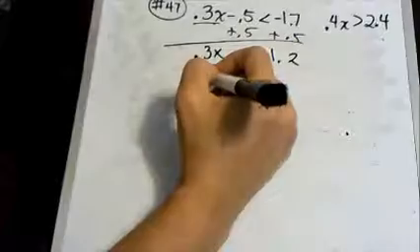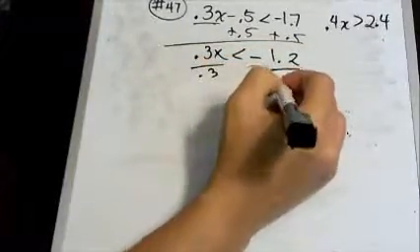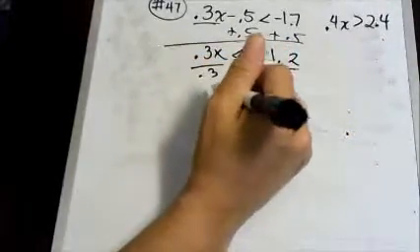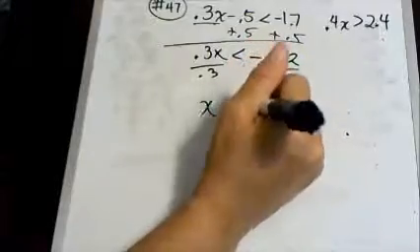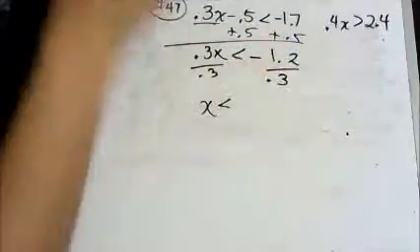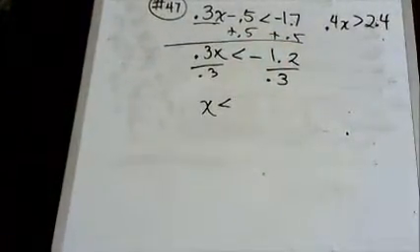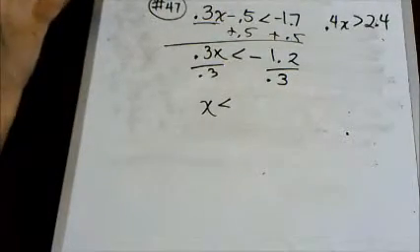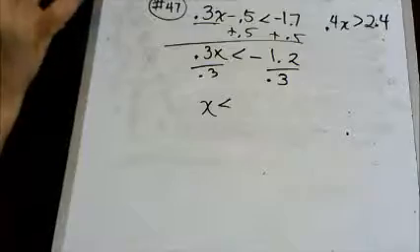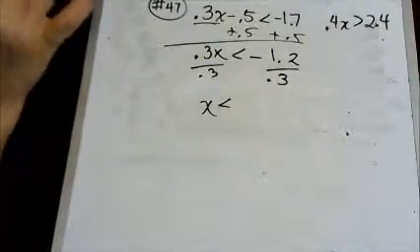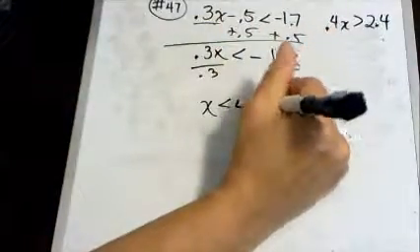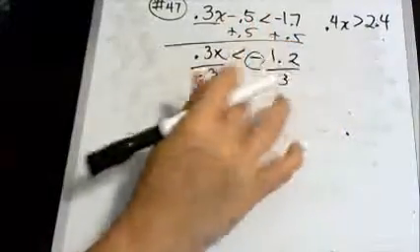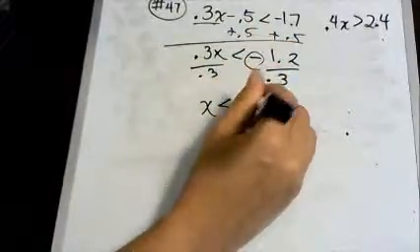Now let's divide this by 0.3, divide this by 0.3, and we have x is less than, then what is 1.2 divided by 0.3? You can put it in your calculator if you're not comfortable calculating this. But 1.2 divided by 0.3 happens to be 4. But this is a negative, so make sure you put negative 4.